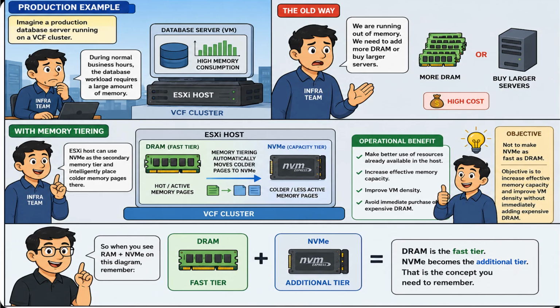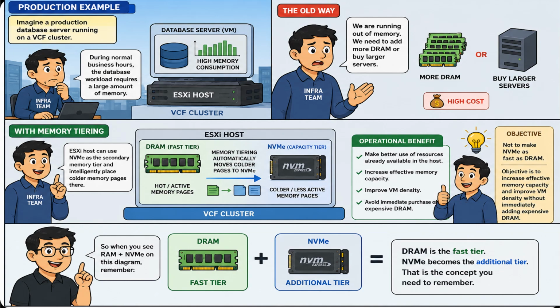Previously, the infrastructure team might say, we are running out of memory. We need to add more physical RAM, or dynamic RAM, or buy larger servers. But with memory tiering, we have another option here. The ESXi host can use NVMe as the secondary memory tier and intelligently place colder memory pages there in the NVMe.